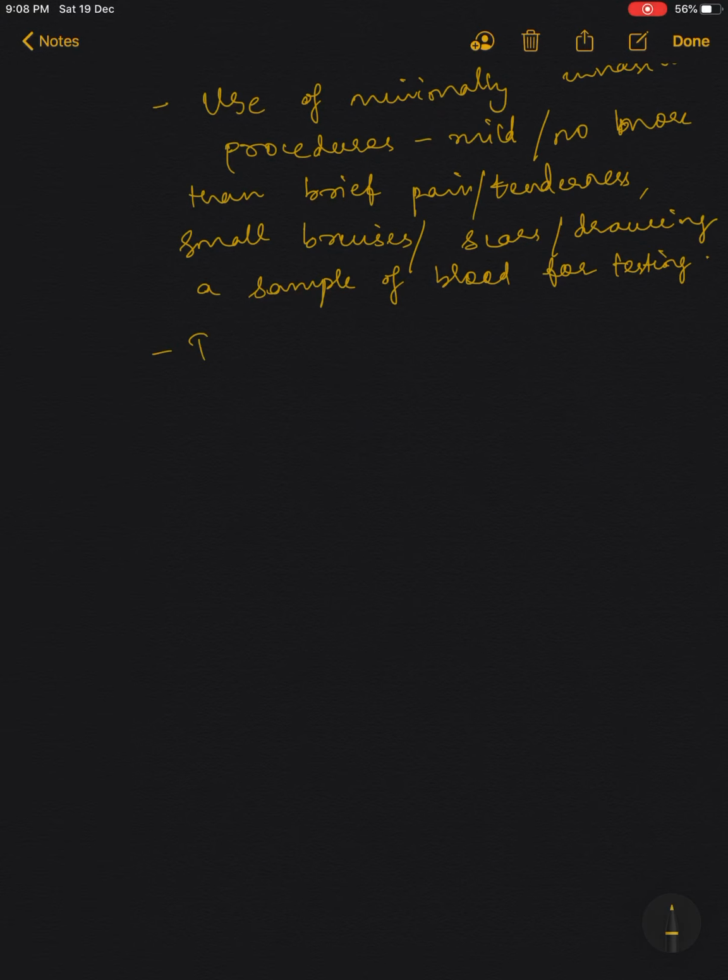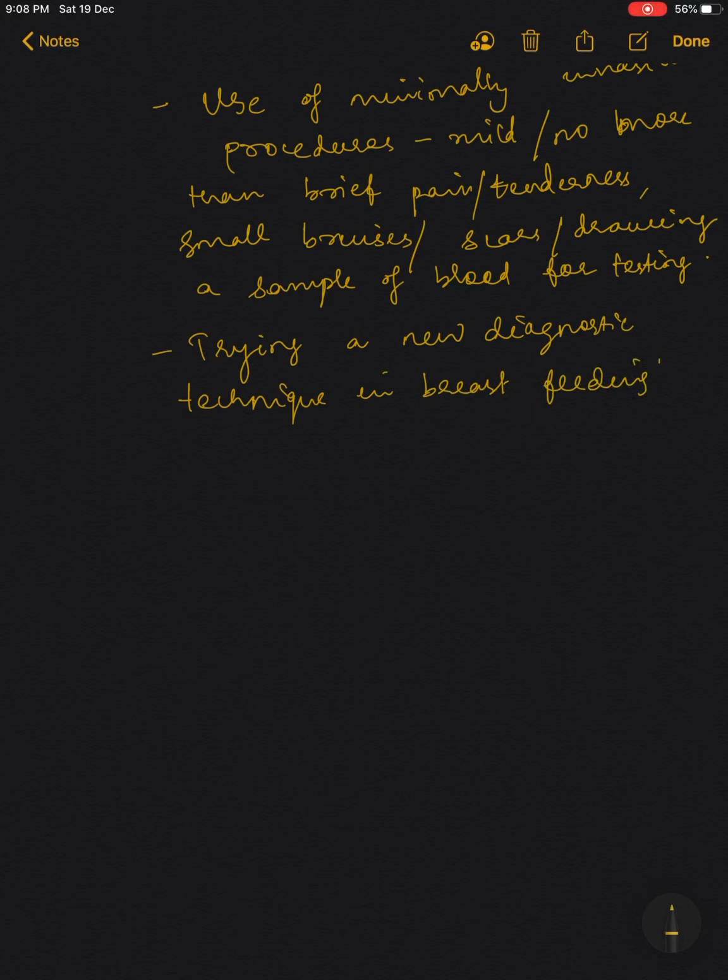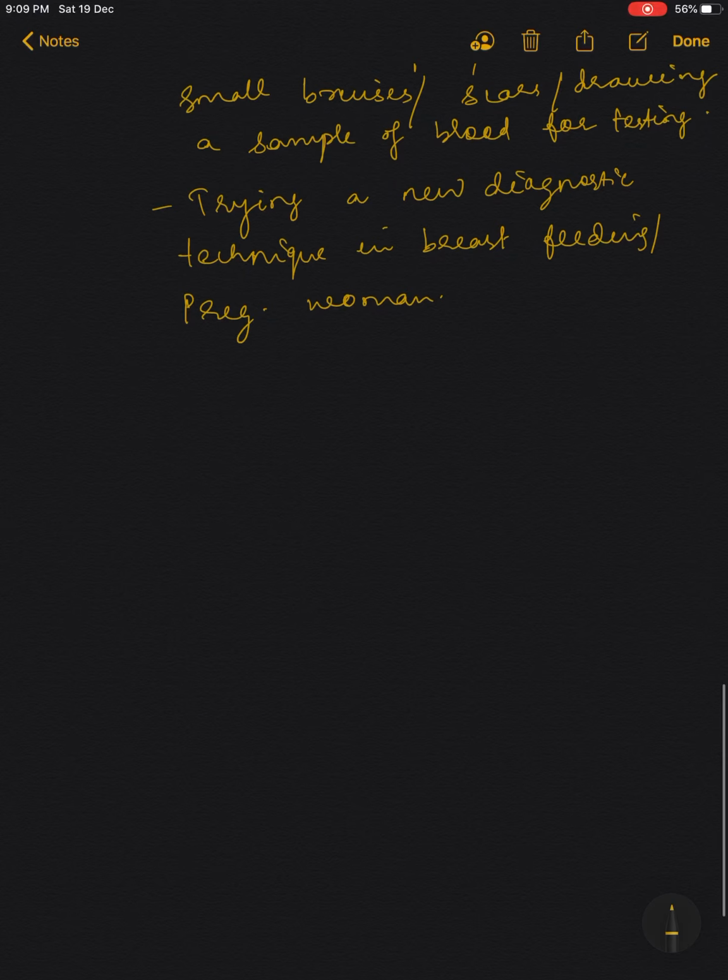Also trying a new diagnostic technique in pregnant and breastfeeding women comes under this criteria. Social risk, psychological harm and discomfort.